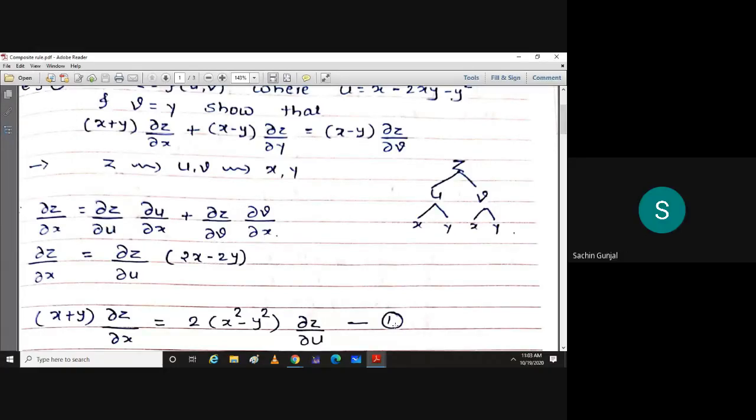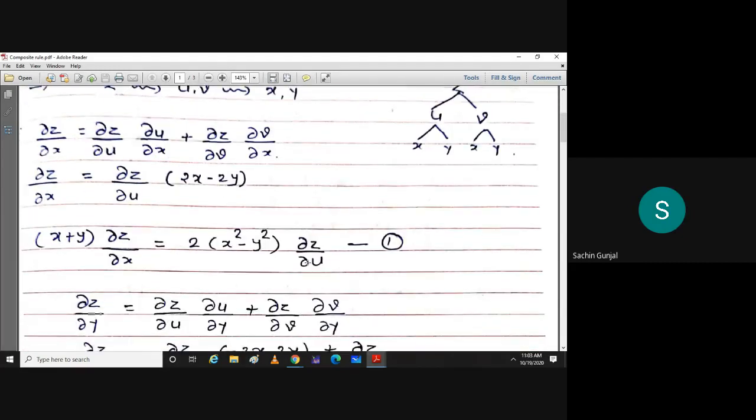Fine. Now the second term, z with respect to y. So tell me, how do you calculate z with respect to y? Again, there are two ways from z to y. ∂z/∂u into ∂u/∂y plus ∂z/∂v into ∂v/∂y. Okay, good. So ∂z/∂y is equal to z with respect to u, then u with respect to y, plus z with respect to v, and then v with respect to y.